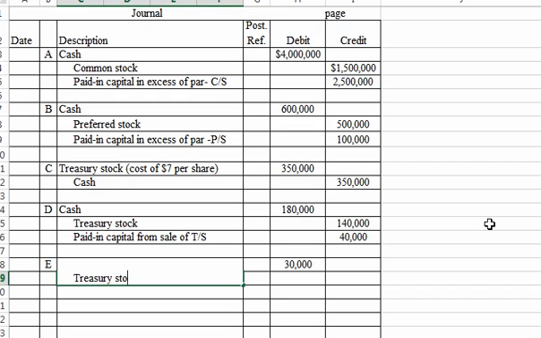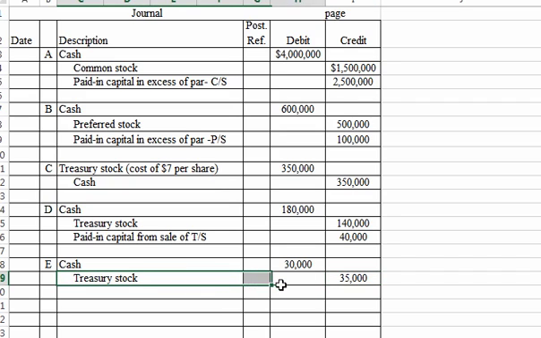We're going to credit treasury stock for the number of shares sold times the cost that we purchased them at back on C, $7. So we're going to have to credit treasury stock for 35,000.